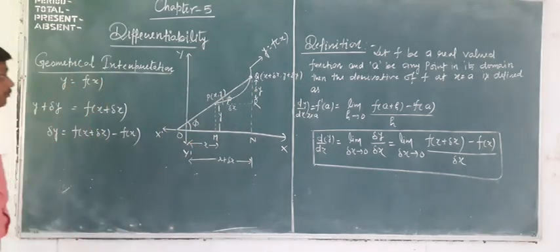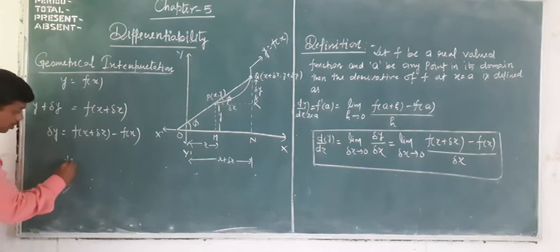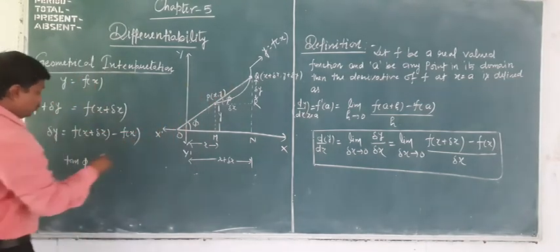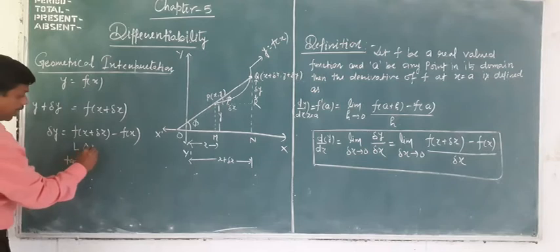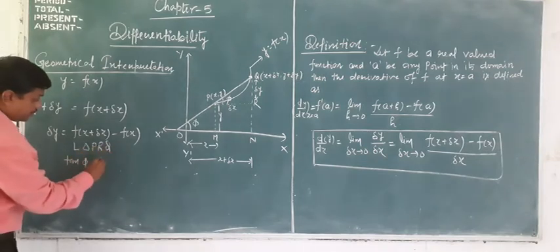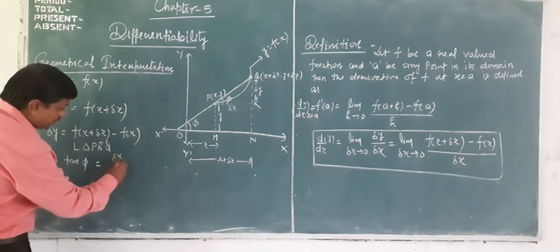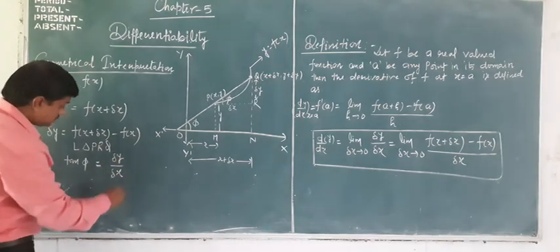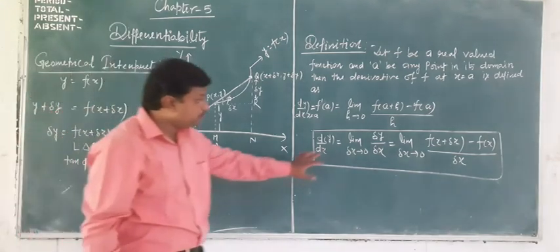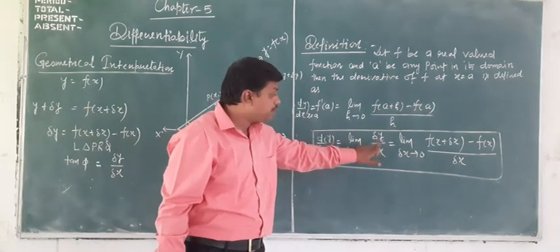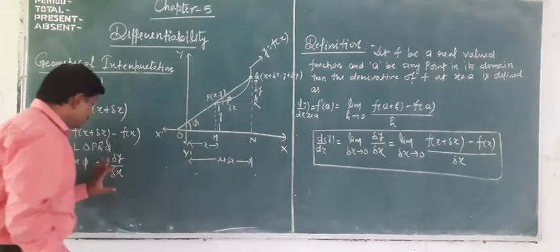If we take the triangle PRQ, then tan phi is equal to delta y by delta x. So this is equal to the change in the dependent variable with respect to the independent variable.